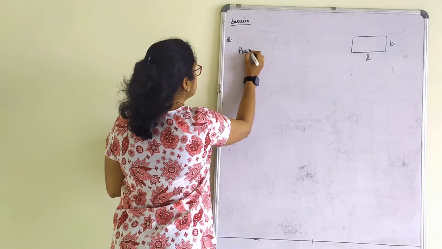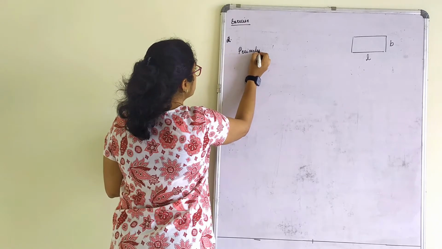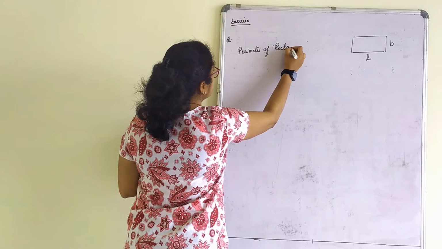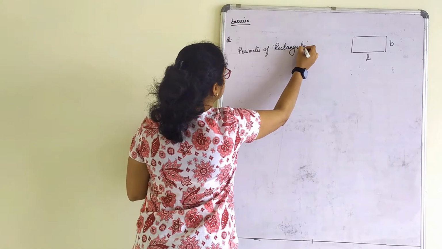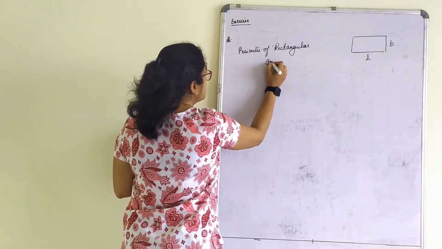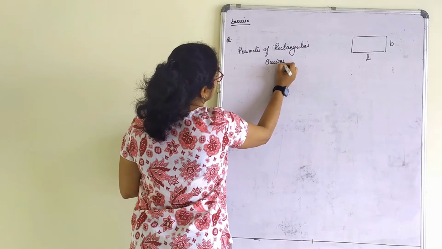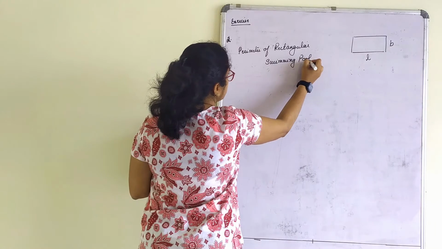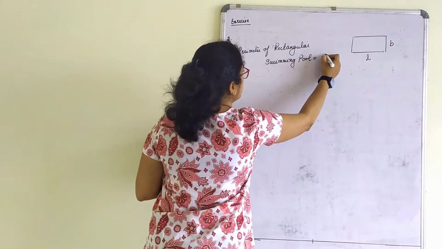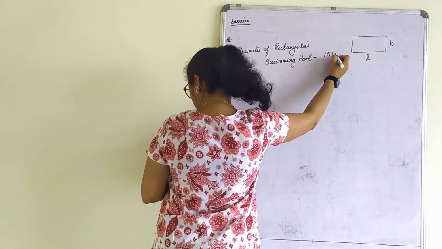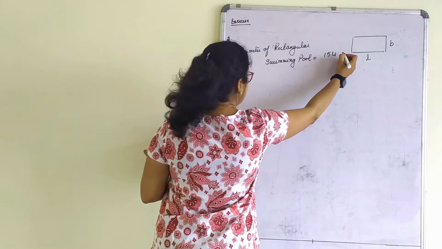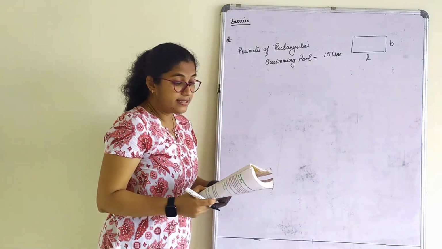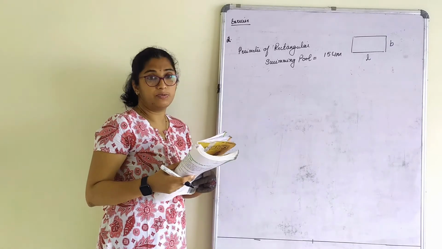Perimeter of rectangular swimming pool is how much? 154 meter. Okay. Its length is 2 more than twice its breadth.